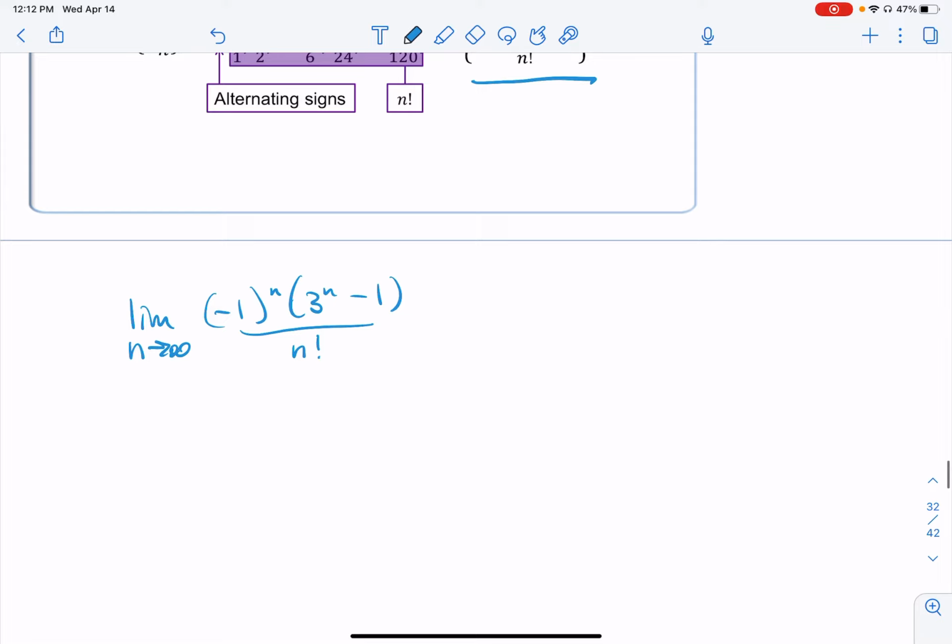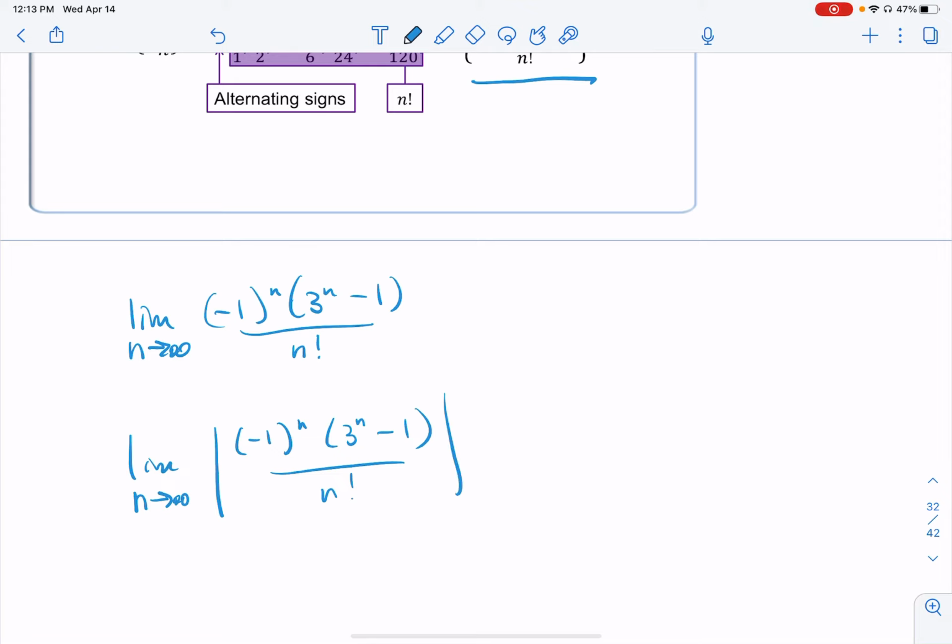If this is going to converge, then that means that the limit as n goes to infinity of the absolute value has to converge. We want to check that one instead. So we're going to take the absolute value of -1 to the nth times 3 to the n minus 1 over n factorial. So what does that do for us? Remember that this thing here is only the number +1 or -1, depending on what the value of n is.